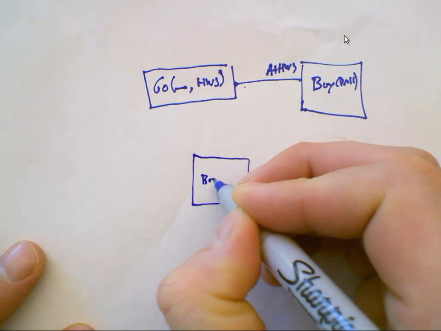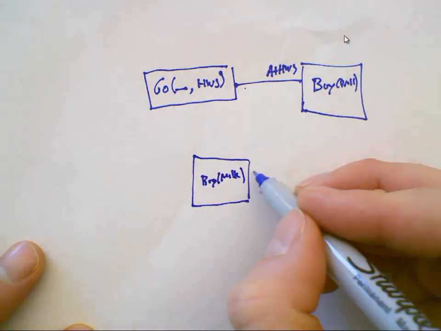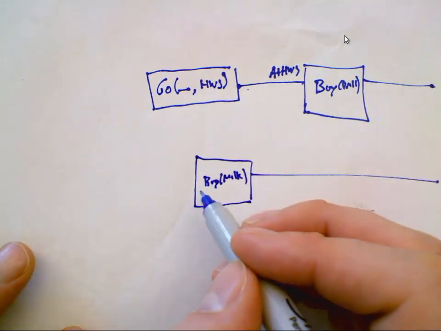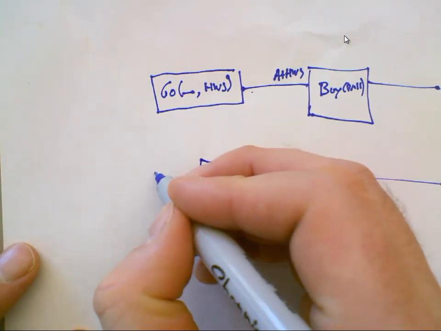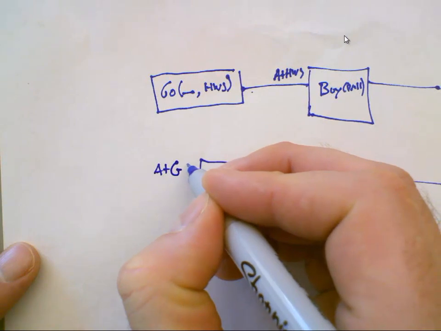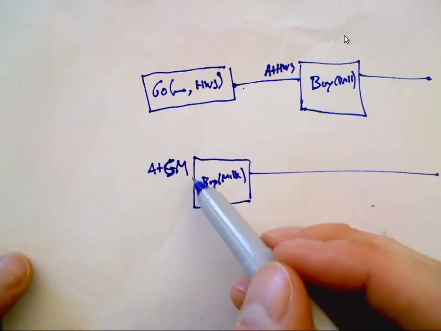If I have to buy milk eventually, because that achieves have milk, which is something I needed for my goal, this achieves having the drill, and that achieves having the milk. In order to buy the milk, I think I need to be at the grocery store or supermarket. That's what I called it, at supermarket, in order to buy the milk.